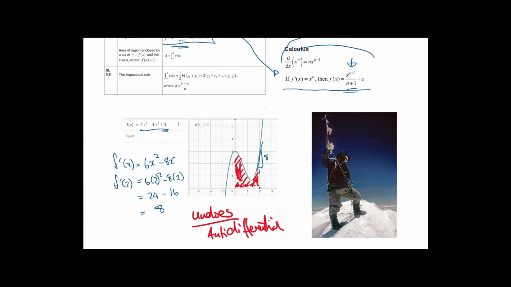So if we have, and I can never remember which one is which, this is Hillary or Tenzing, I can never remember. I think it's Tenzing actually. The gradient would tell us how steep the slope is. We would integrate to find out how much mountain is underneath Tenzing there.